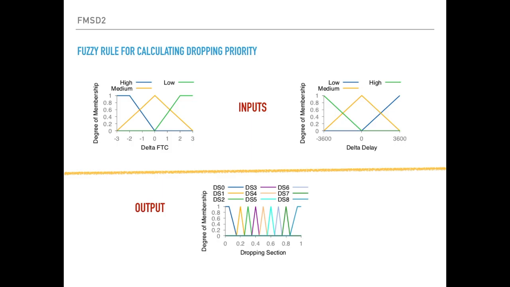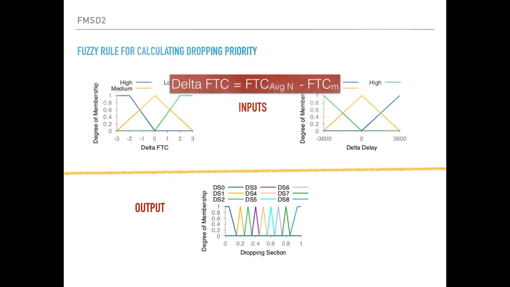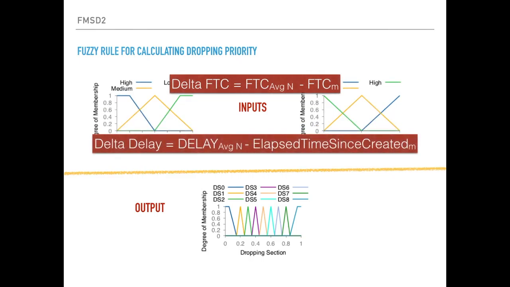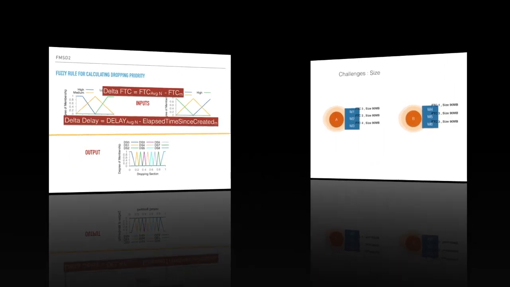The dropping fuzzy loop uses delta FTC and delta delay as inputs. Delta FTC can be calculated by average FTC minus the FTC of a particular message. Delta delay can be calculated by the average delay of all ACK messages minus the elapsed time of a particular message.